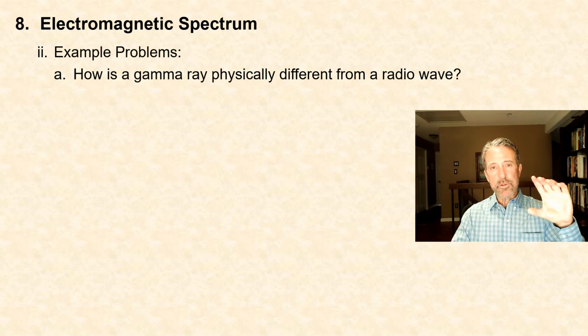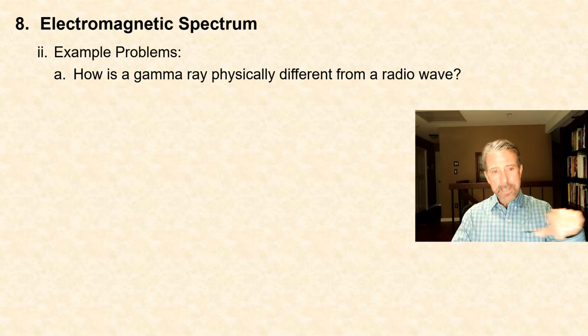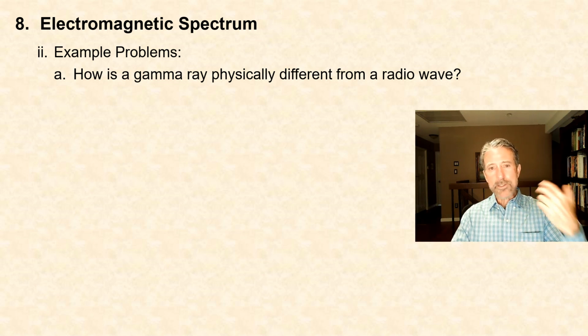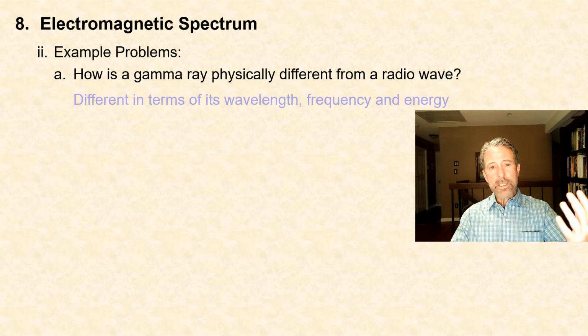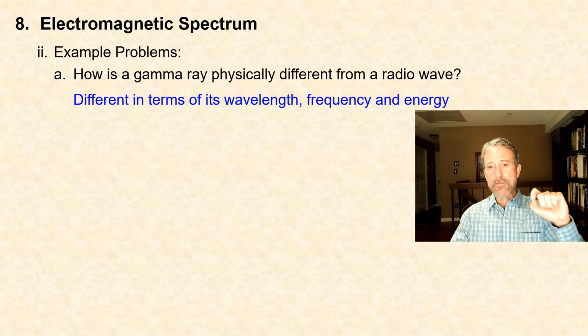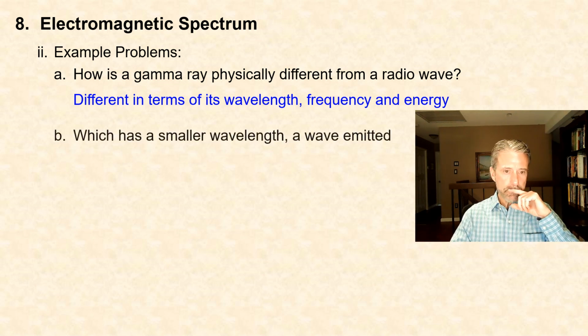But in terms of what creates the waves, we know that all electromagnetic waves in general are created by accelerating charged particles. So they certainly have that in common. But if we want to answer this particular question, we're asked what makes them different. Really it's just a matter of their wavelength, frequency, and the energy that they possess.